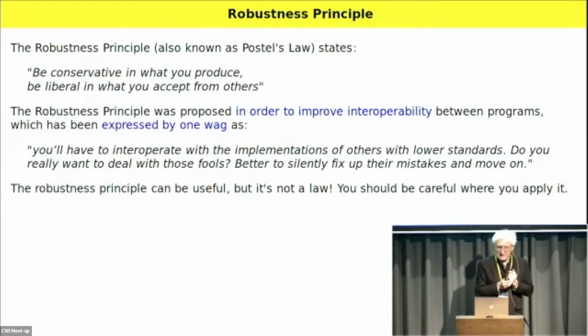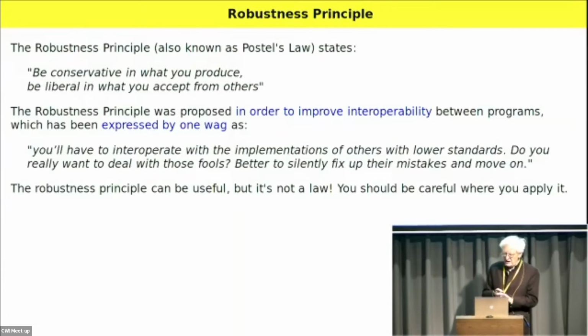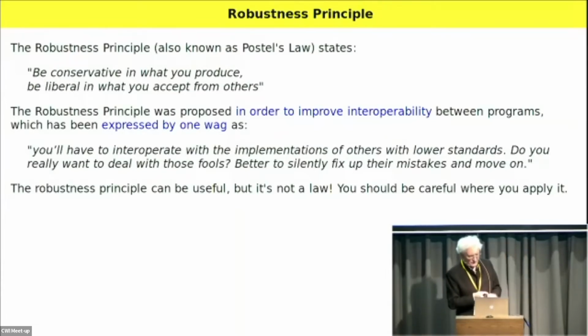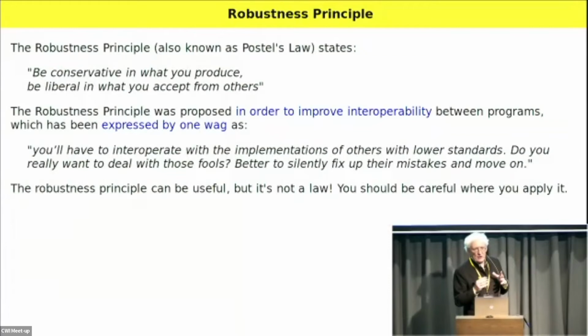And somebody once expressed it as, you'll have to interoperate with the implementations of others with lower standards. Do you really want to deal with those fools? Better to silently fix up their mistakes and move on. So the robustness principle can be useful, but it's not a law, and it's not the greatest thing on earth that everybody has to follow.